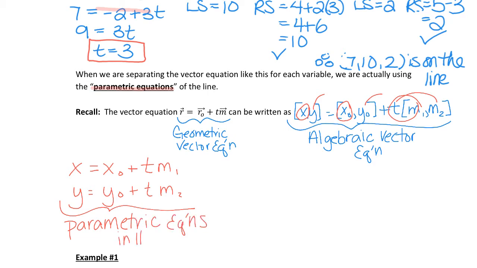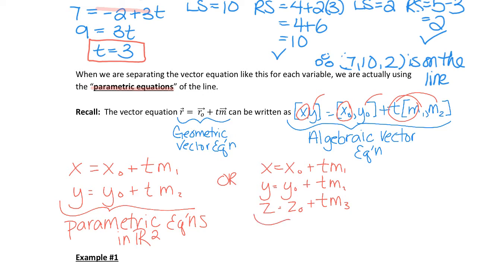In 2 dimensions. Now we can also write parametric equations in 3 dimensions, and it would be the same. x is equal to x naught plus t times m1, y is equal to y naught plus t times m2, and z is equal to z naught plus t times m3.